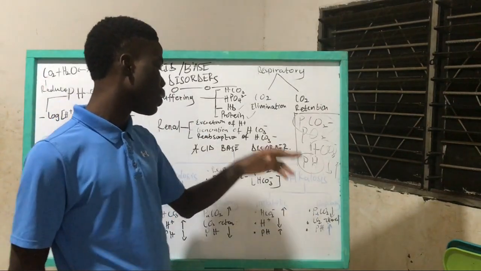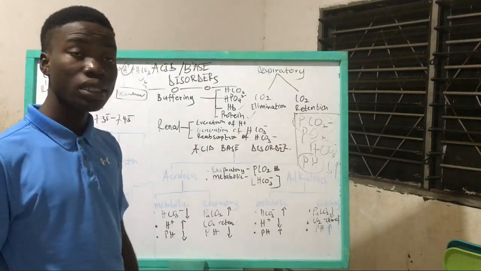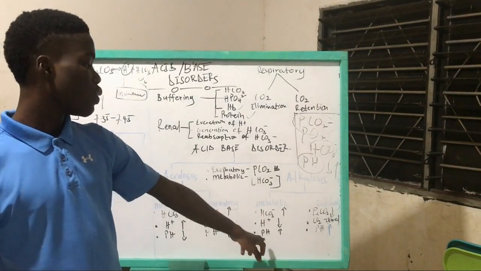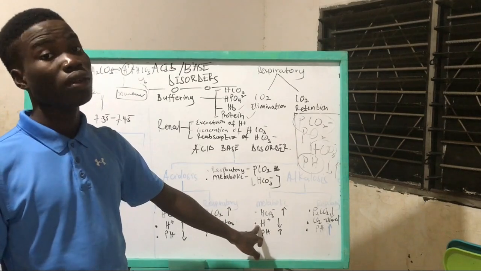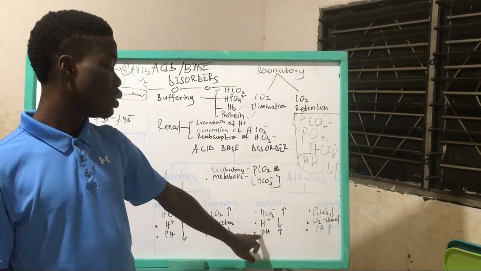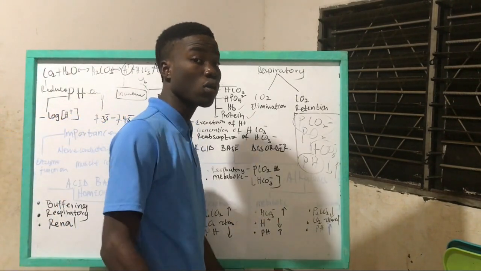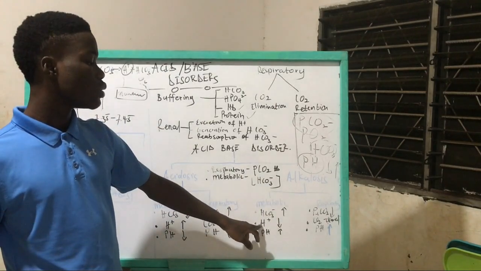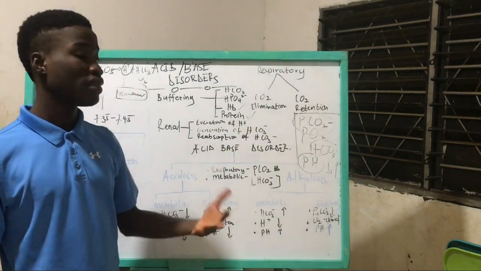Once the hydrogen carbonate increases, it is metabolic alkalosis. Once there's a drop in the hydrogen ion concentration, then it's metabolic. Remember, the hydrogen ion concentration will let you know whether the pH will peak or will come down. When the hydrogen ion concentration goes down, the pH increases, and vice versa.